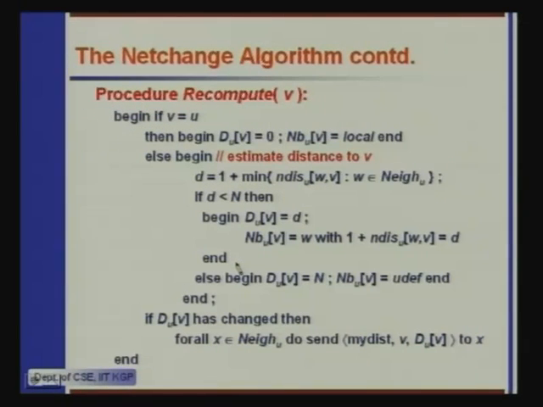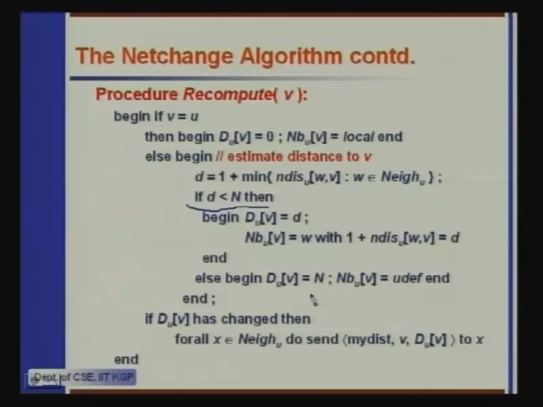Okay. That is why we assume that we know the number of nodes in the network, we know n. So, we know that this count can never become greater than or equal to n. That is why you will see in the algorithm, if d is less than n, and if we find that d has become equal to n, which is what will happen as you keep on counting, at some point of time d will become equal to n.